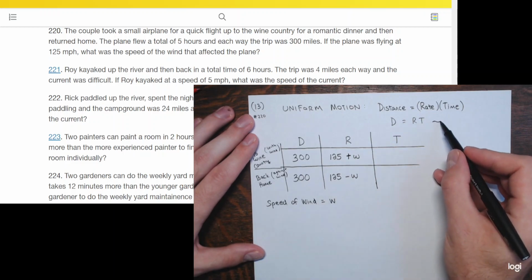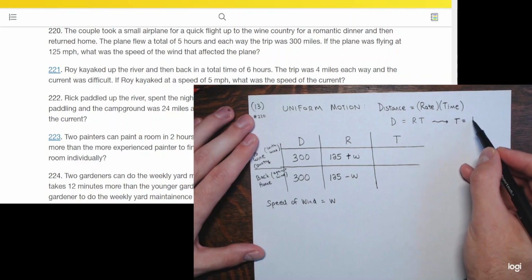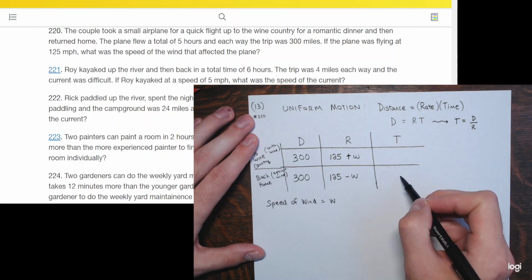And remember, if distance is rate times time, then time is distance divided by rate. And that's what we're going to use to fill in this part of the table.